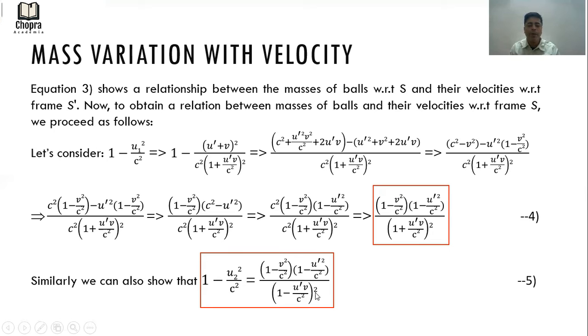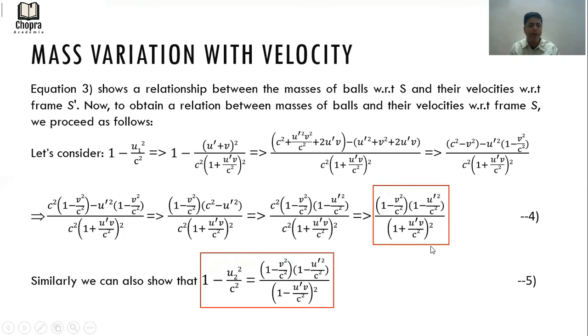Now this equation number 5, you can either calculate in exactly the same fashion as we have done for 1 minus u1 square by c square, or you can just remember the result. The numerator will be the same for both equation number 4 and 5, only the denominator has changed. So we divide equation number 5 by equation number 4, and we take the square root on both sides.